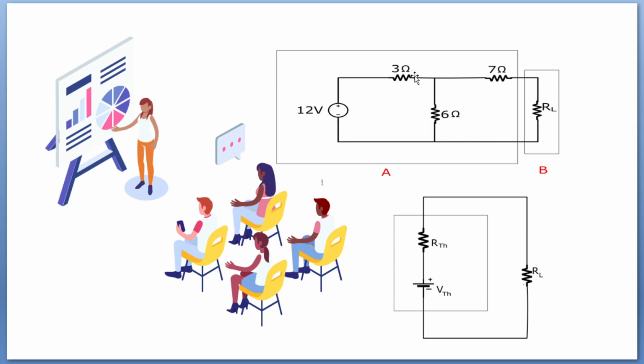Make this circuit into two networks, network A and network B. Network B is generally the load. Now we have to convert network A into its Thevenin equivalent, which means an independent voltage source and a series resistor.